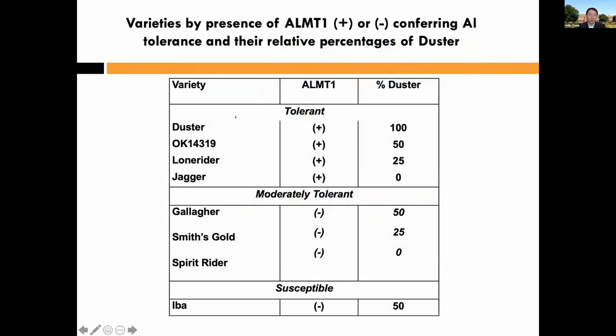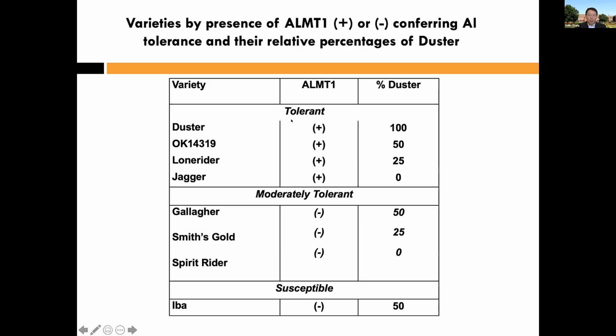So here are the varieties we tested: Duster, OK 14319, Long Rider, Jaga had this aluminum tolerant gene.